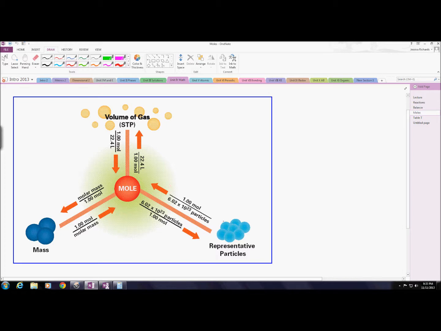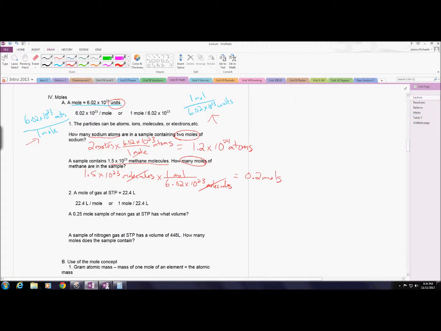So what this triangle tells me is if they give me numbers, if I need to change from numbers to moles, I'm going to divide by 6.02 times 10 to the 23rd. If they give me moles and I'm moving out towards numbers, I'm going to multiply by 6.02 times 10 to the 23rd. Okay? All right, let's move on to liters.